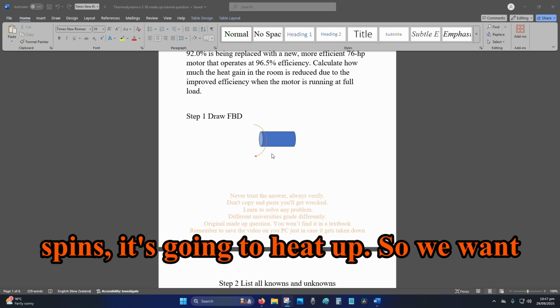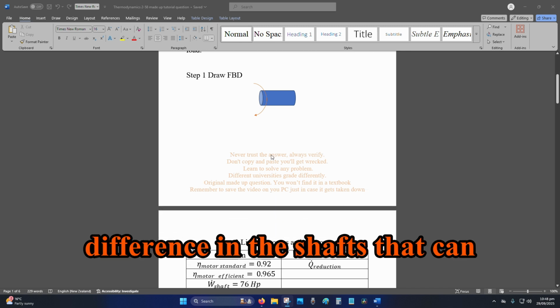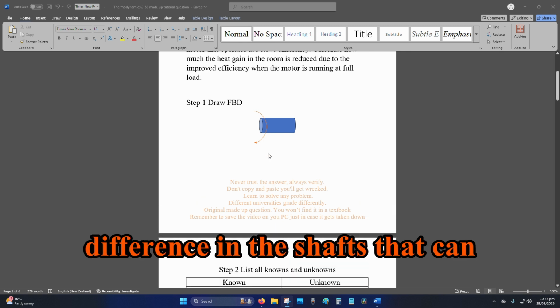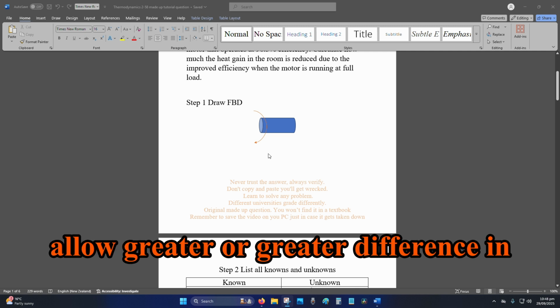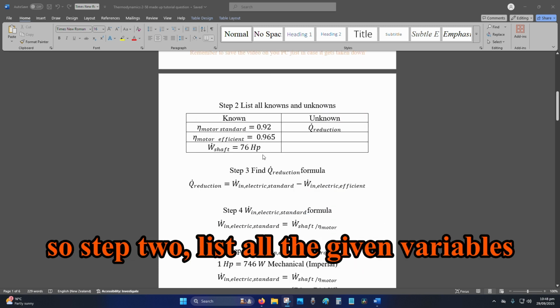So we want to find out what's the difference in the shafts that can allow greater difference in transferring the heat away.